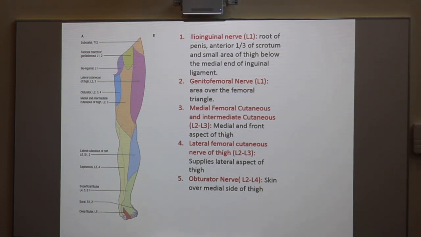So is there a problem at the L2 or L3 level of the spinal cord, or is there a problem with the nerve which is coming from there and supplying the lateral part of the thigh? So you need to think when somebody comes up with a loss of sensation or pain or whatever. Okay? So that's why it is important to understand the cutaneous distribution, or the sensory supply to the skin of different parts of the thigh, the leg and the foot. Okay?